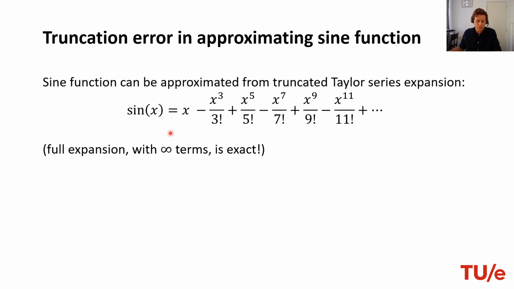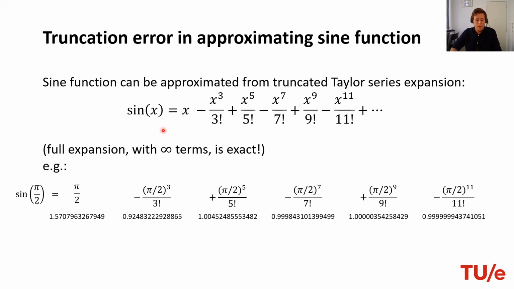And if we use an infinite amount of terms, this would be an exact representation of this trigonometric function. If you don't know how such a Taylor series is constructed, I suggest you look into chapter 2. But we see here clearly that this has all odd powers of x, and this will keep going on until infinity.